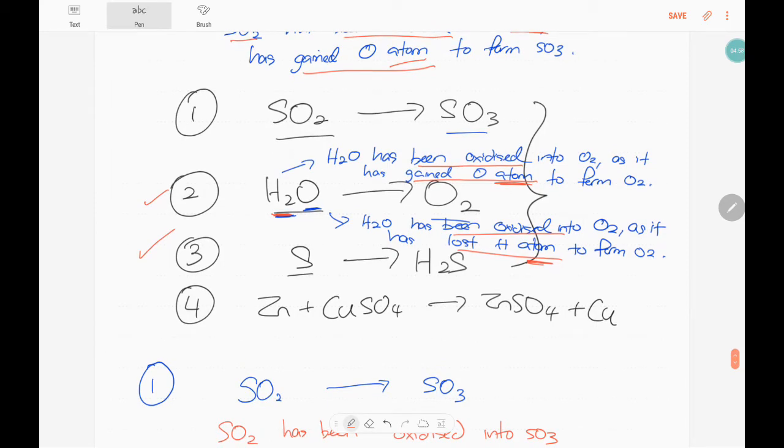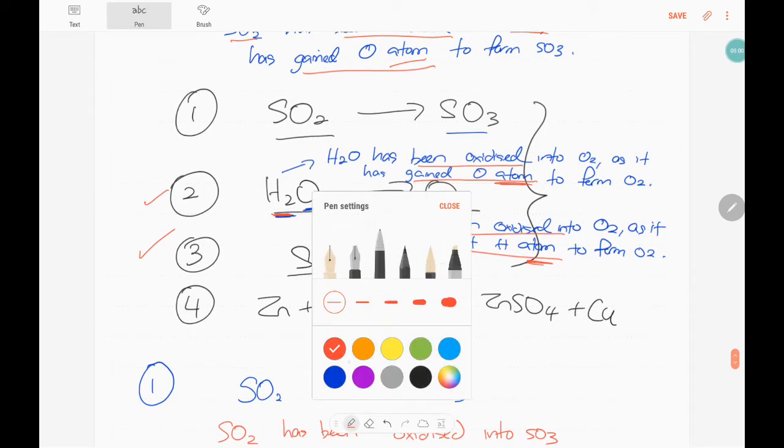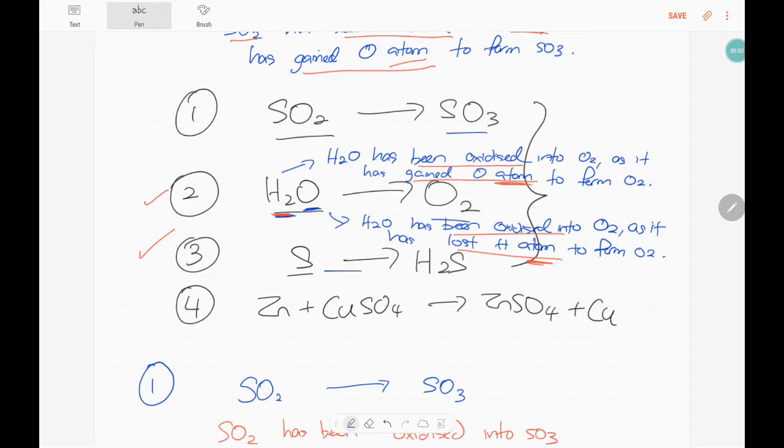Okay, and for the third one, this is also very straightforward. So I would say that S has gained, again, just say hydrogen atom, don't need to say how many. Has gained hydrogen atom to form H2S.